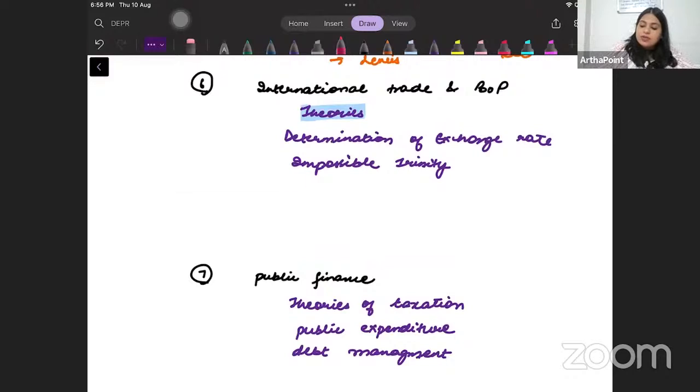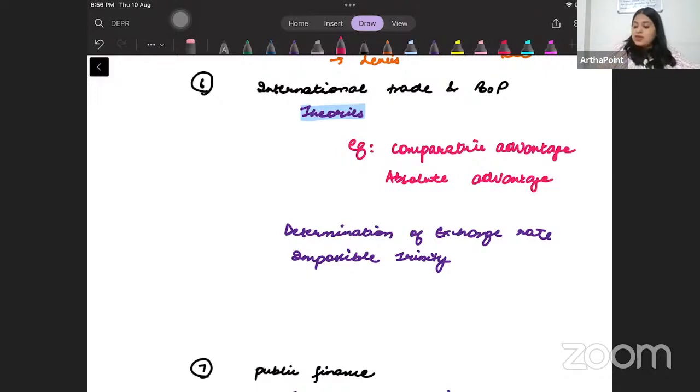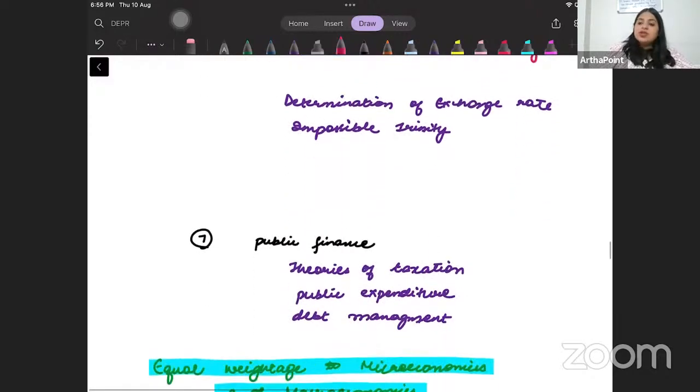So you should know these examples, which theories you need to study. So for example, comparative advantage, absolute advantage, etc. There are multiple theories that we have covered, and you should be covering all of those theories.